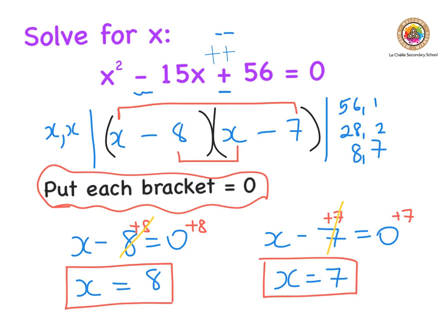So that's correct. Equally here, 7 squared is 49. And 49 plus 56 is 105. And 15 times 7 is 105. So 105 minus 105 is indeed equal to 0. And so there we go. Both of those solutions are true for x.